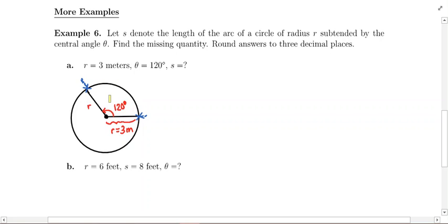This angle comes in and it intersects the circle, and this is the arc length that's trapped by that angle. You're trying to figure out how long this curve is, because that's the part of the circle that's opposite the 120 degree angle. So that's going to be our S, which is the length of this yellow piece.